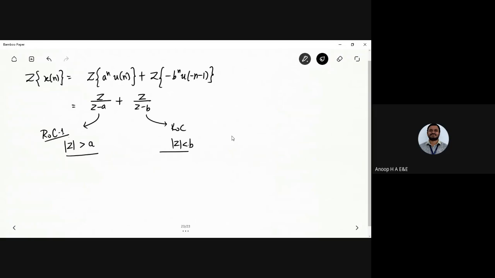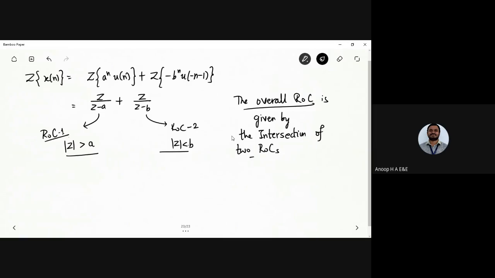If I have two ROCs, ROC 1 and ROC 2, the overall region of convergence is given by the intersection of the two ROCs.